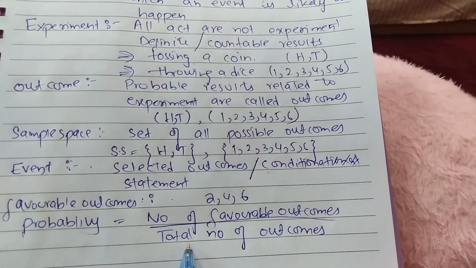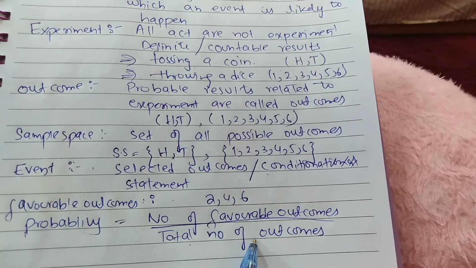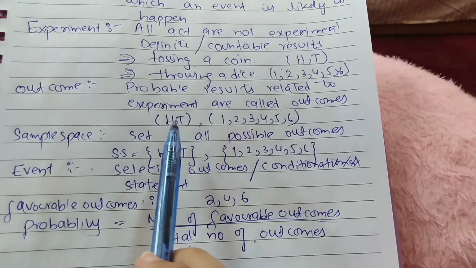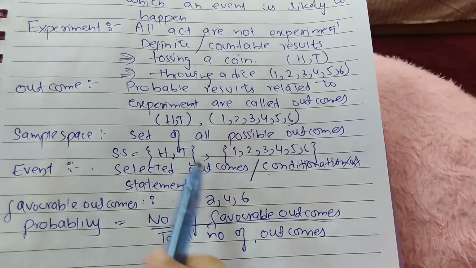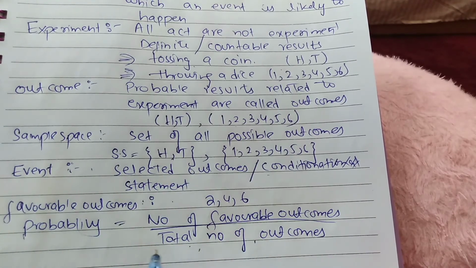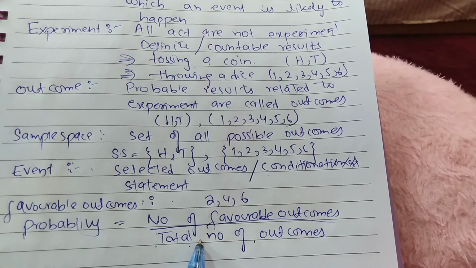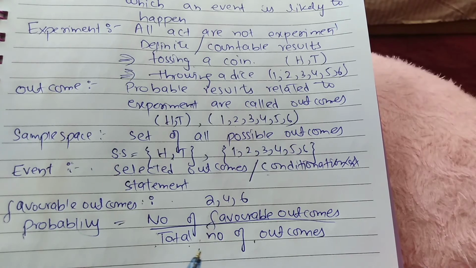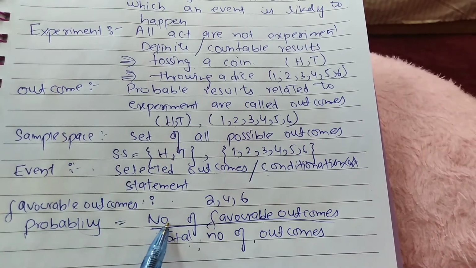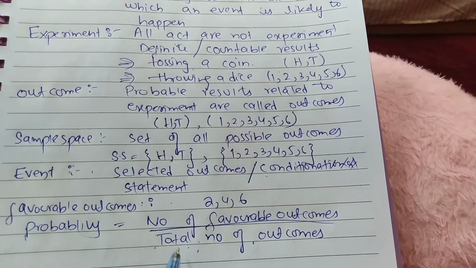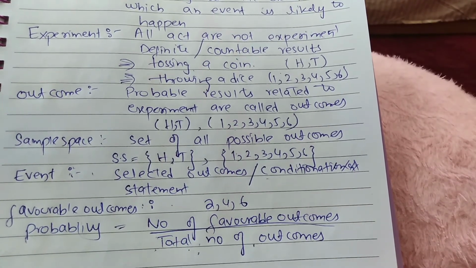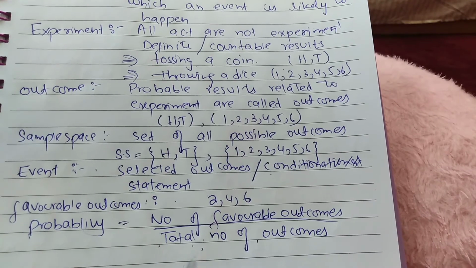So if we know the total number of outcomes from the sample space, it is very easy for us to find the probability, or in other words, number of favorable outcomes divided by total number of outcomes will be probability of that event. If we know event, if we know sample space, and if we know the total number of outcomes and favorable outcomes, probability can be found.